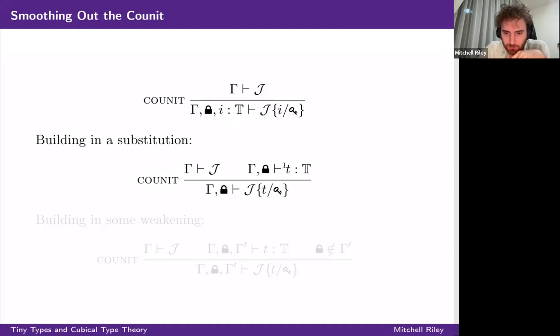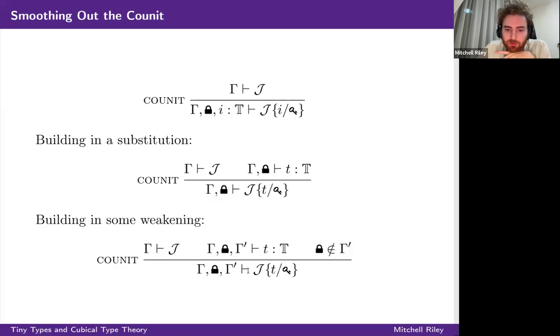So that's the first thing we're going to do. And then again, we're in a setting where this conclusion is not fully general. So I'm going to do the same thing as we did for the dependent right adjoints and say, okay, we're going to build in some weakening here for the context in the conclusion. So again, for this to make sense, we need to not have any locks in the telescope here. We just want ordinary weakenings.